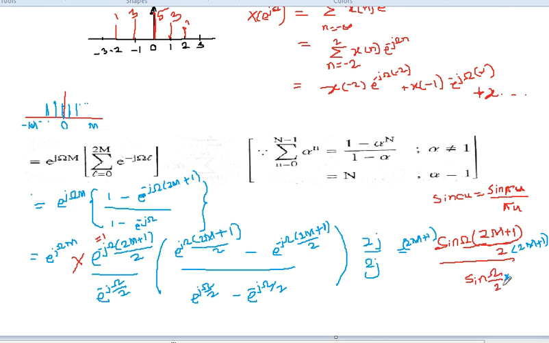To make this denominator and numerator equal, just to bring it to the sinc of u form, we can multiply by 2 here, and multiply by omega over here, and even multiply by this omega, to compensate, to make this one the same as the numerator.